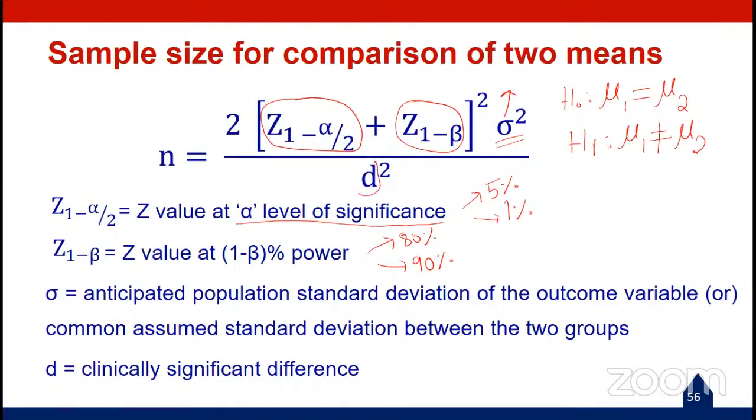D, in our previous two examples, we called it as margin of error. As we had only one group, we compared our result with that of a population. So we anticipated the difference from sample with population. Whereas here we call it as clinically significant difference. That is, what is the minimum difference between the two groups which is considered as clinically relevant.